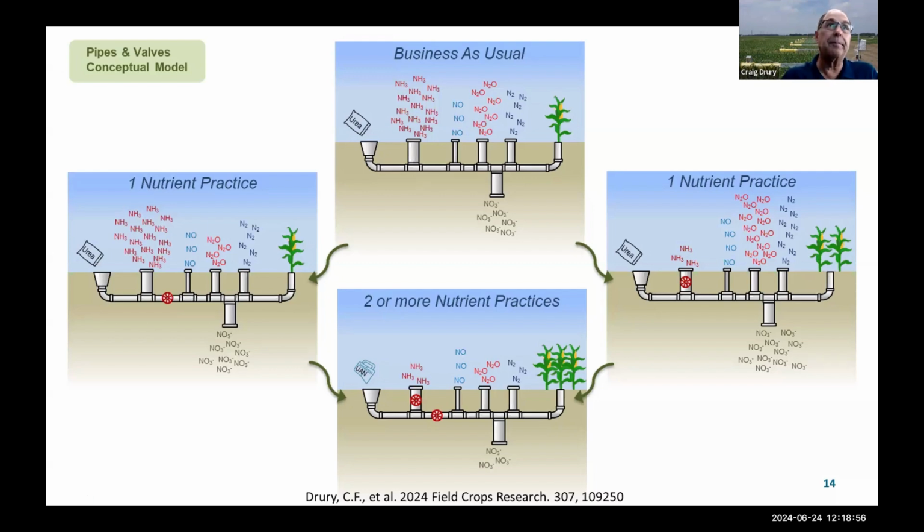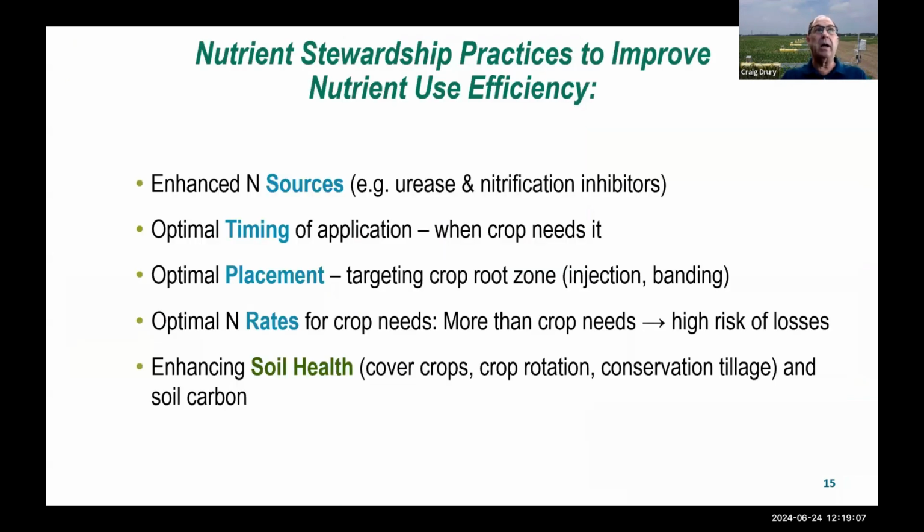So that's the theory. What I'm going to do is take you through 11 years of research. I started in 2013 looking at both ammonium loss with wind tunnels and N2O. Again, we're trying to use nutrient stewardship practices.